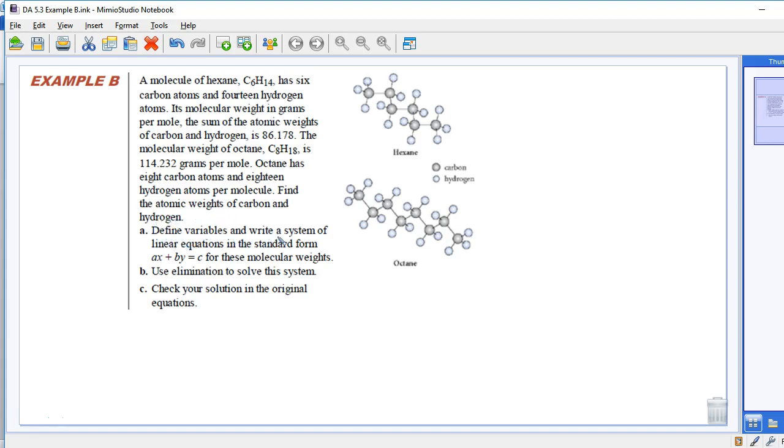So let's define some variables and write a system of linear equations in standard form for these molecular weights. First, let's use some variables.